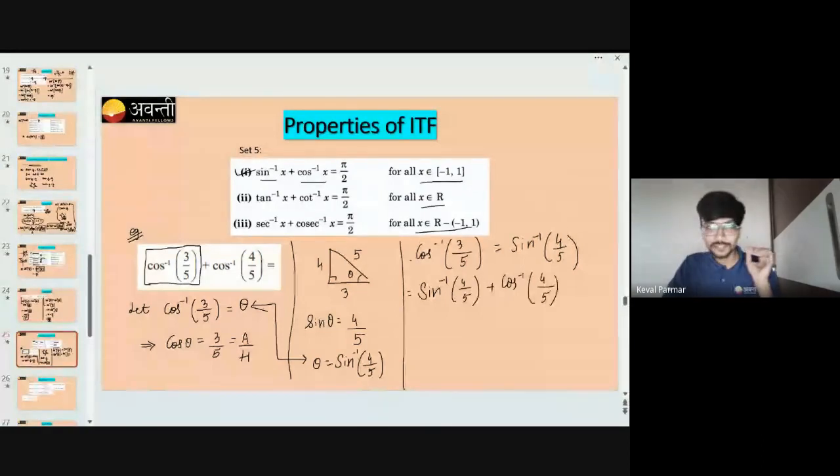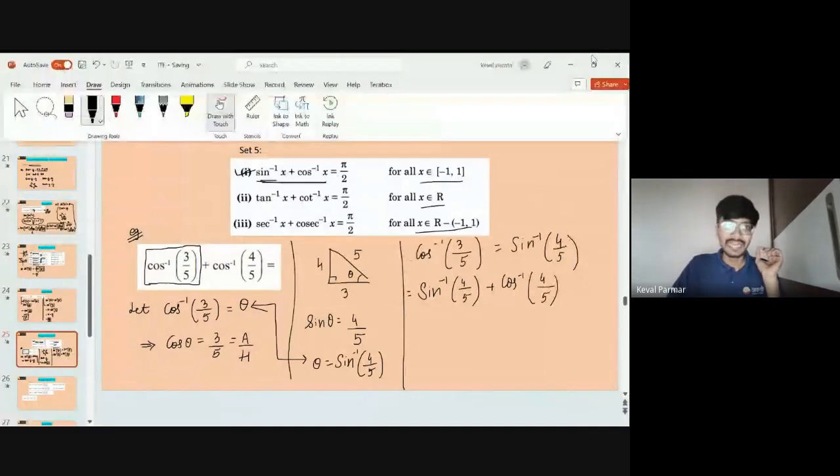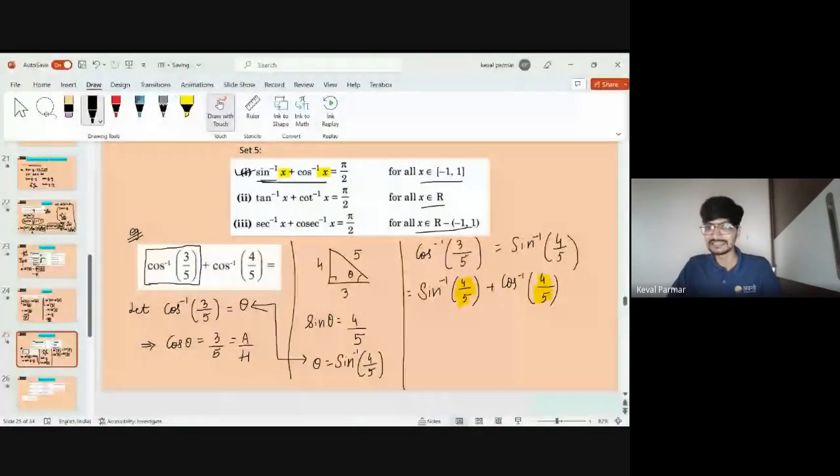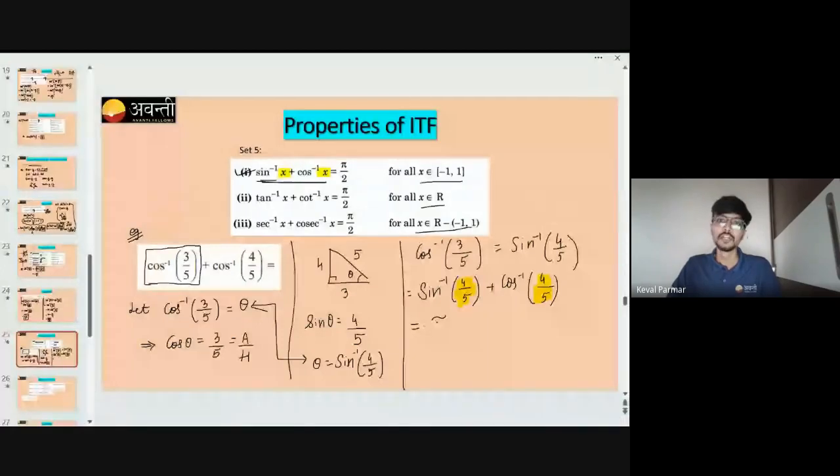Now, if you can observe, we got this first formula where in place of x, we have 4 by 5. So if sine inverse of x plus cos inverse of x, both the x are the same, then we can write the answer is pi by 2, meaning 90 degrees.